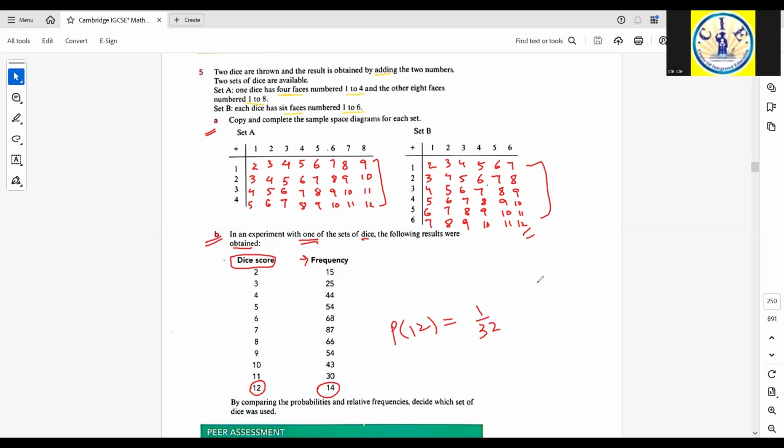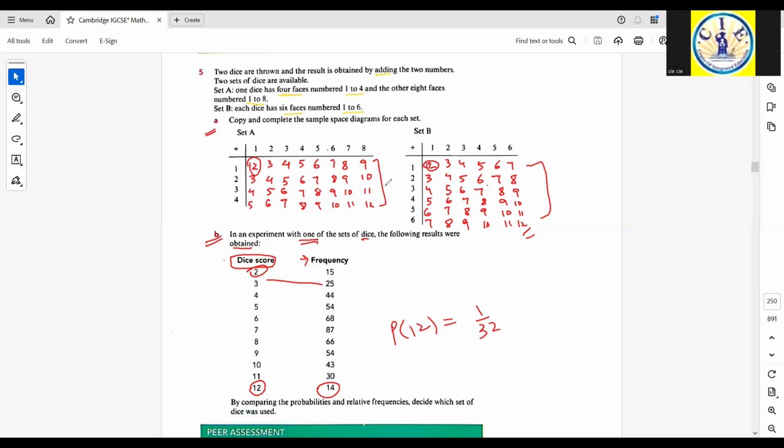Okay, then the probability of dice score 2 is occurring once in both of these sets. For 3, it is 25.